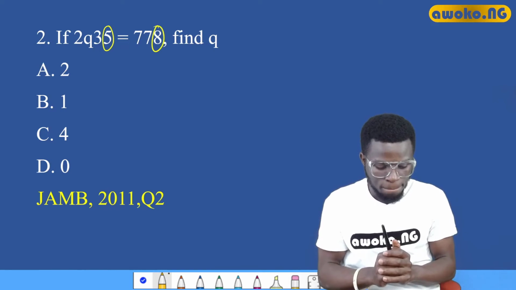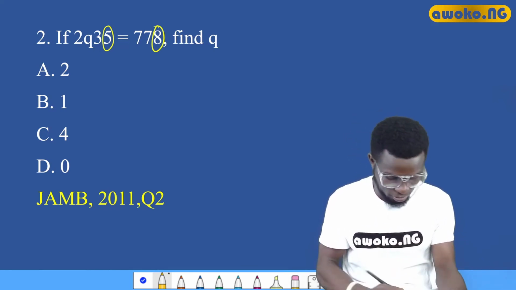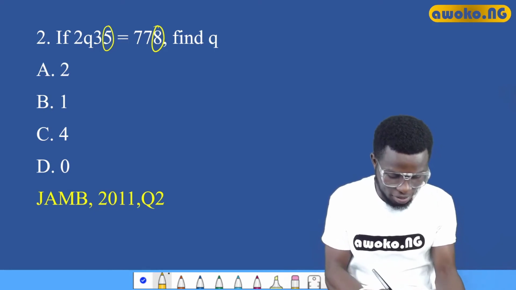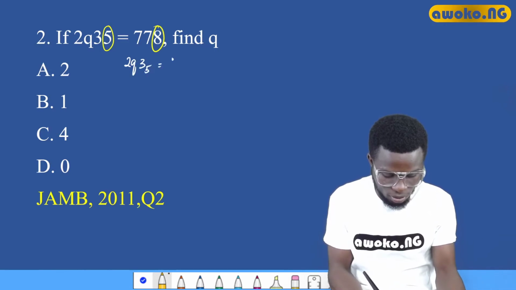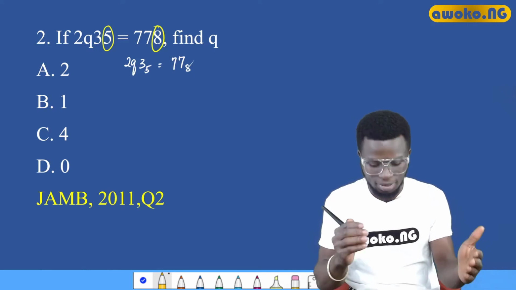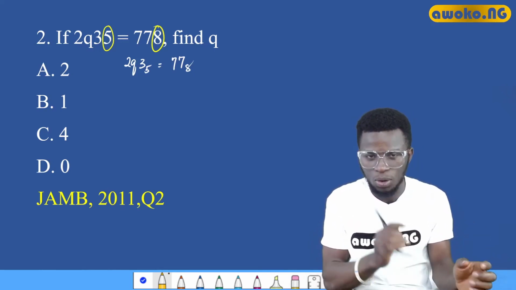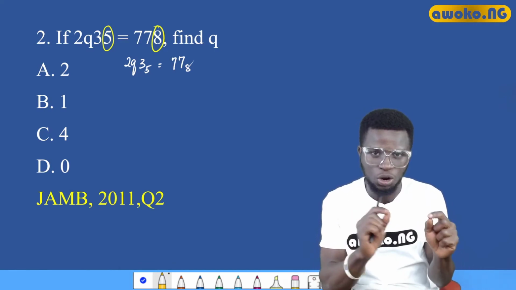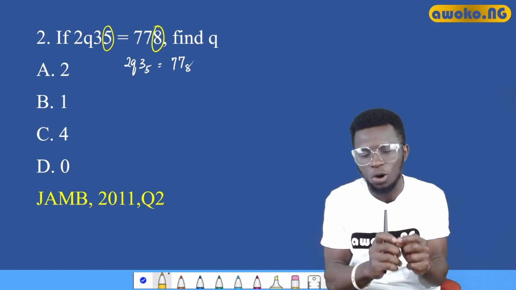Okay, so solving this, just like we did in the first question, you have 2q3 base 5 equals 7 base 8, and I'm asked to find the value of q. The first step is to assign numbers to each of them, assign exponents, and these exponents are numbers to each of them.